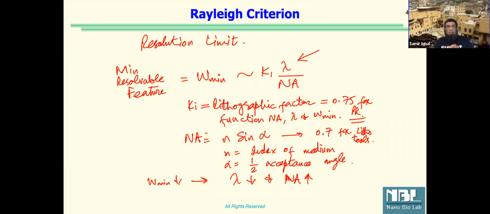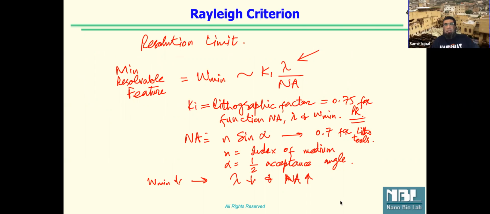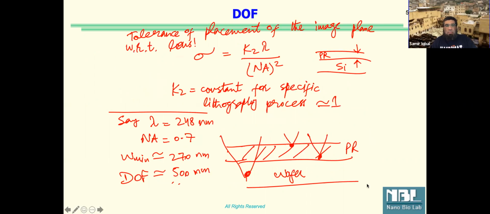All right, so recapping what we were talking about last time, there's one thing called minimum resolvable feature size, or how small can we make a feature? That's the formula for that. And then there's a thing called depth of focus.